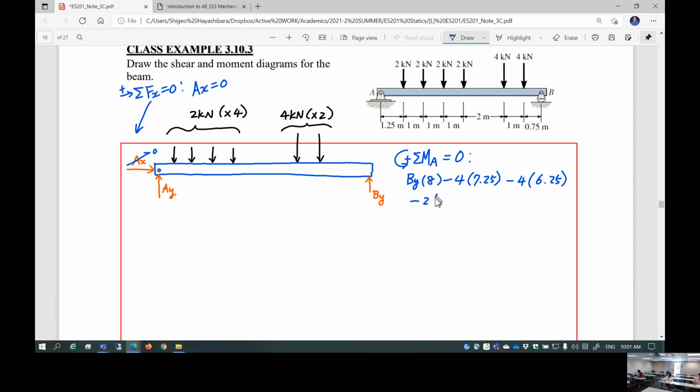2 kilonewtons times this is 4.25 meters. And another 2 kilonewtons, 3.25 meters. Another 2.25, minus another 2 kilonewton, 1.25, equal to 0.